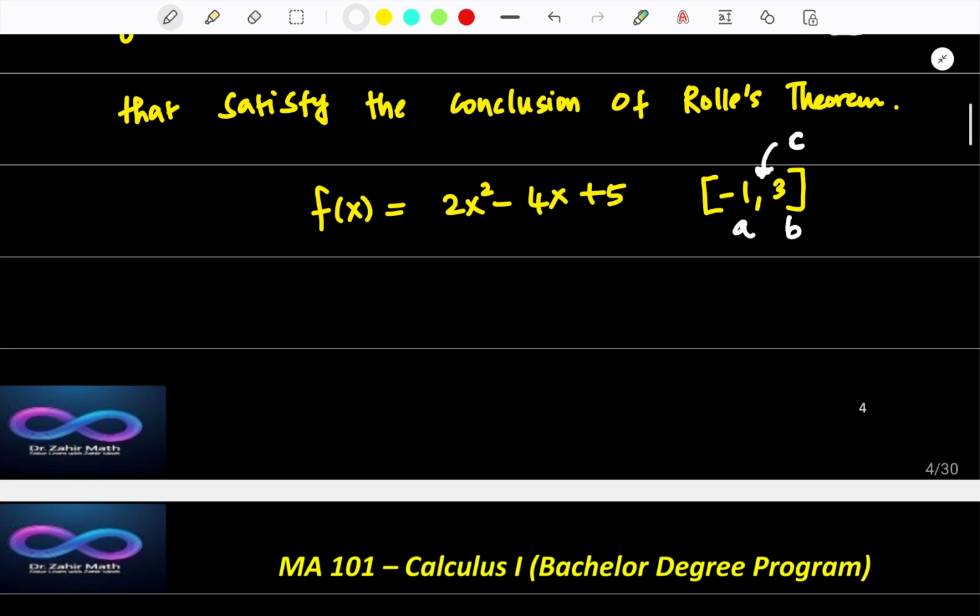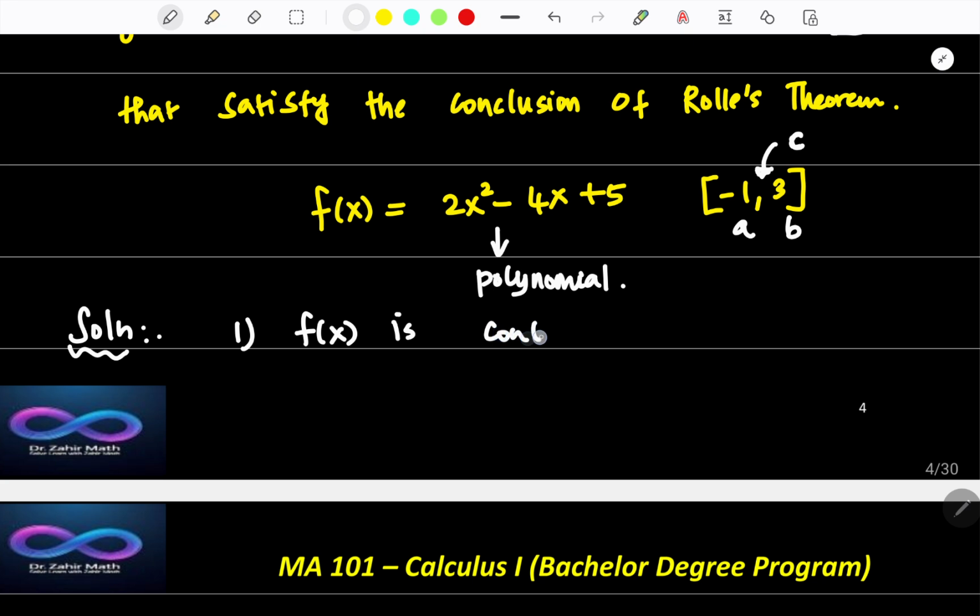Clear. So f of x, this is a polynomial function, right? Polynomial means what? X square, x cube, I said, right? So how are you going to write the solution for all the questions? Step number 1. F of x is continuous on the closed interval a comma b. You can write it directly without checking. Why? It is a polynomial.